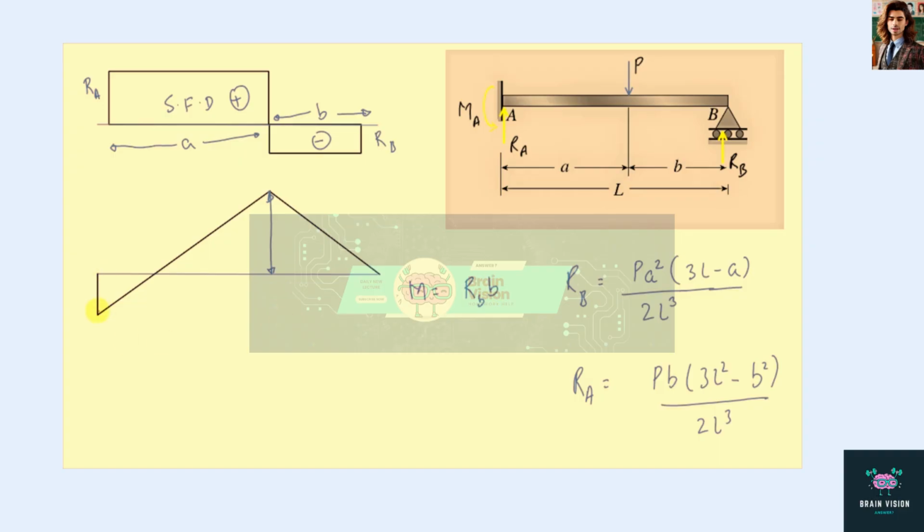This vertical line represents the moment MA, and this is the point where the bending moment is changing its sign. This moment is positive and this one is negative. This is the bending moment diagram of the beam. So this is the final answer. I hope you have understood the problem. Thank you.